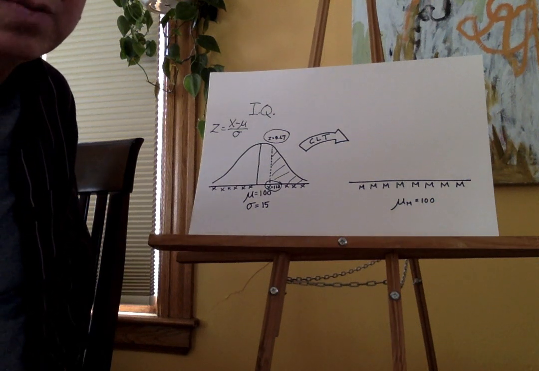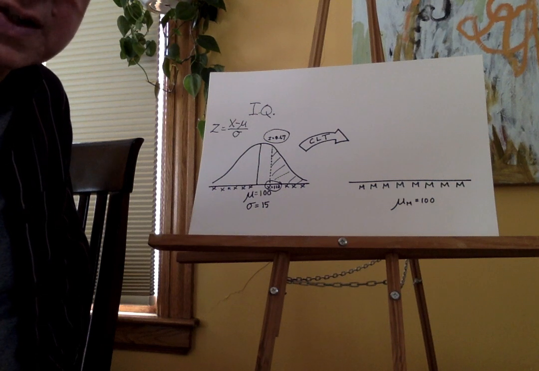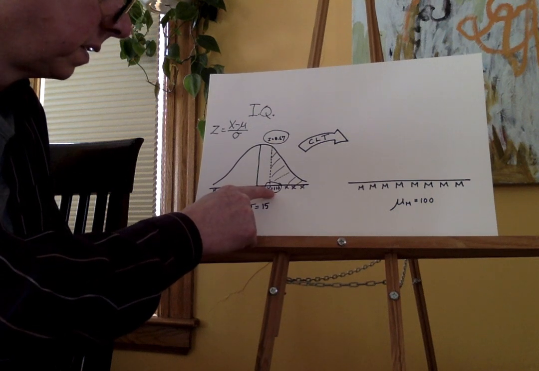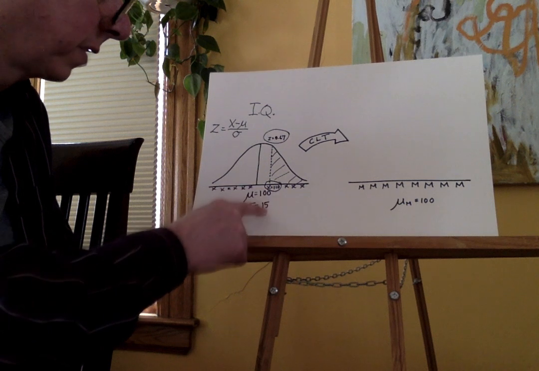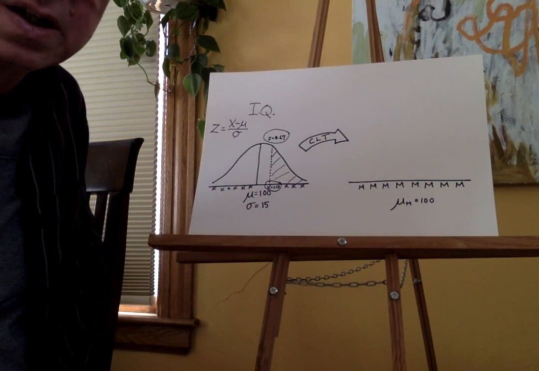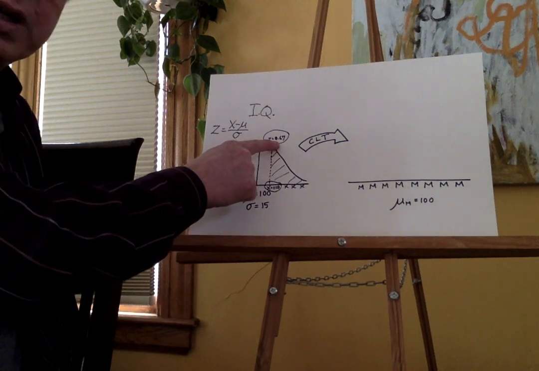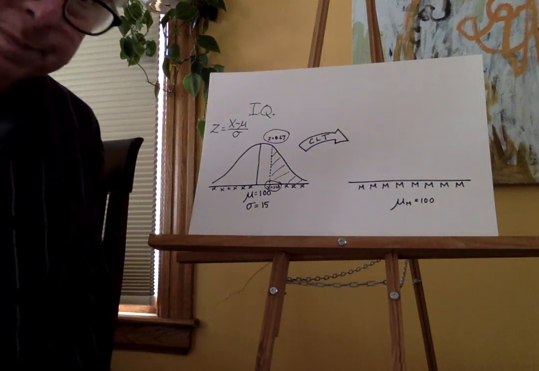This should be review, okay? We're just finding the z-score for a particular individual score, in this case 110 minus 100, so it's 10 points away from 100. We're going to put that in terms of standard deviations, which is 15. So 10 over 15, we have a z-score of 0.67, 2/3 of one standard deviation away.